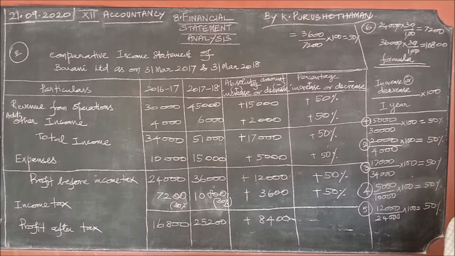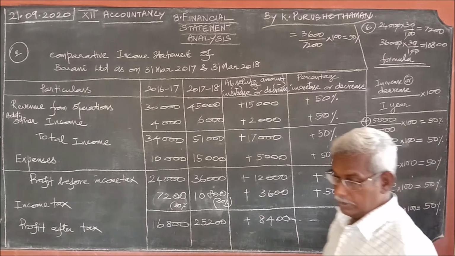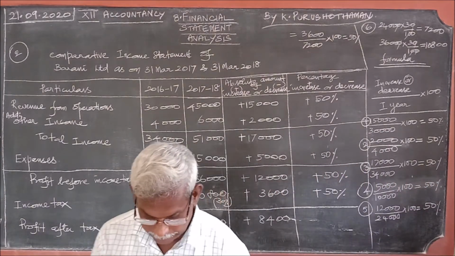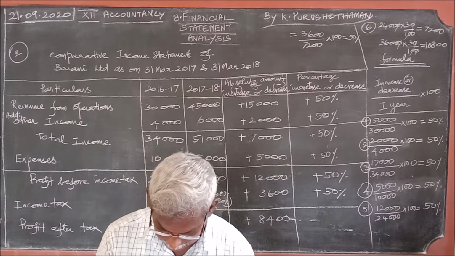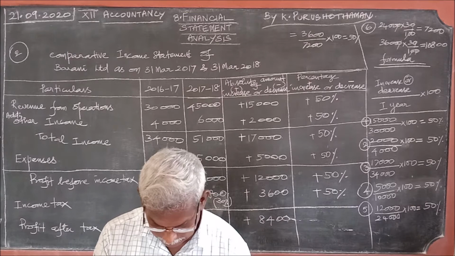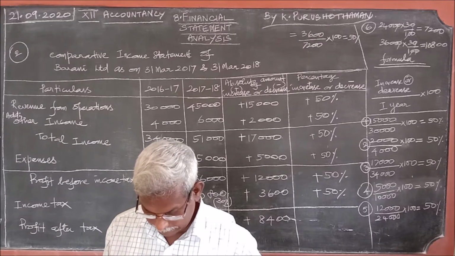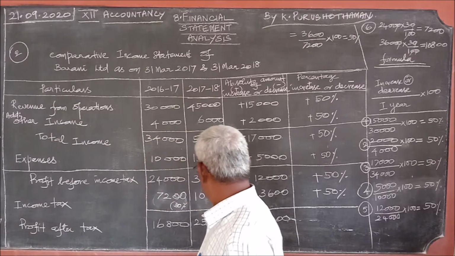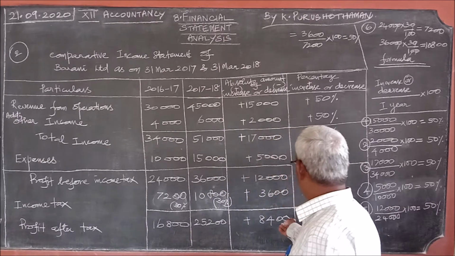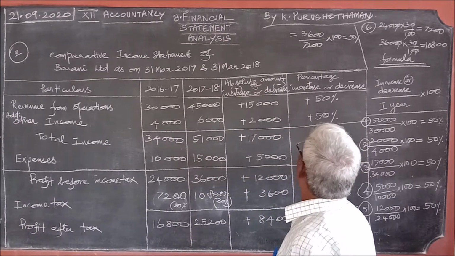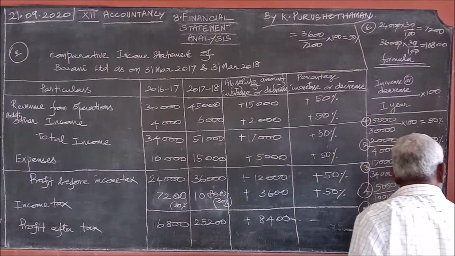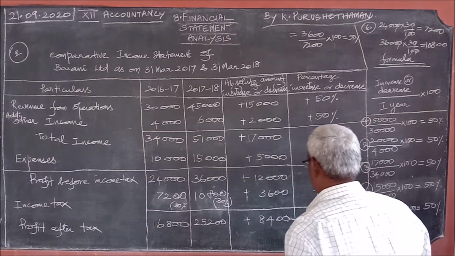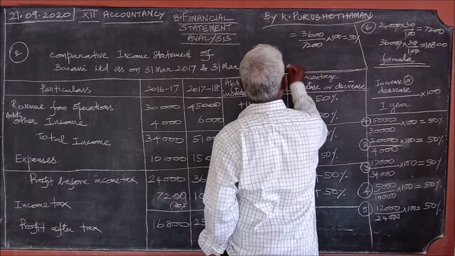I shall repeat once again the problem given in this exercise. What should be the increase here? This also they have found out. And the increase or decrease, point number 7, also I will do here. The answer is given.